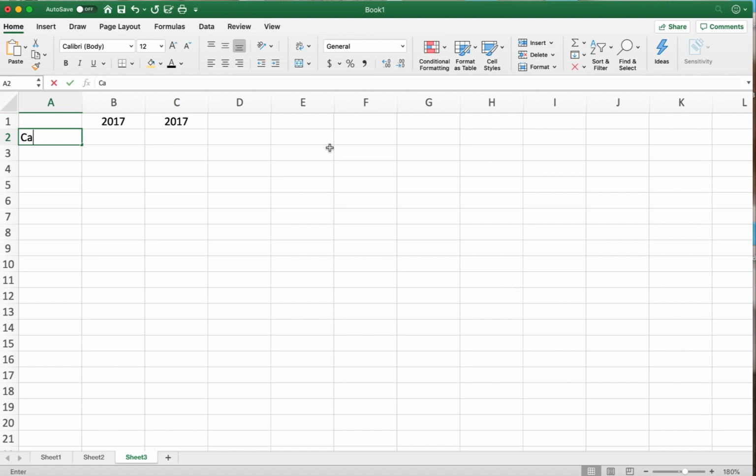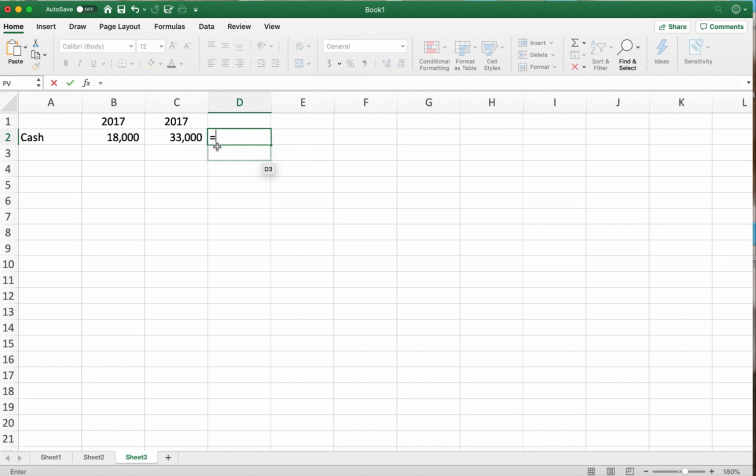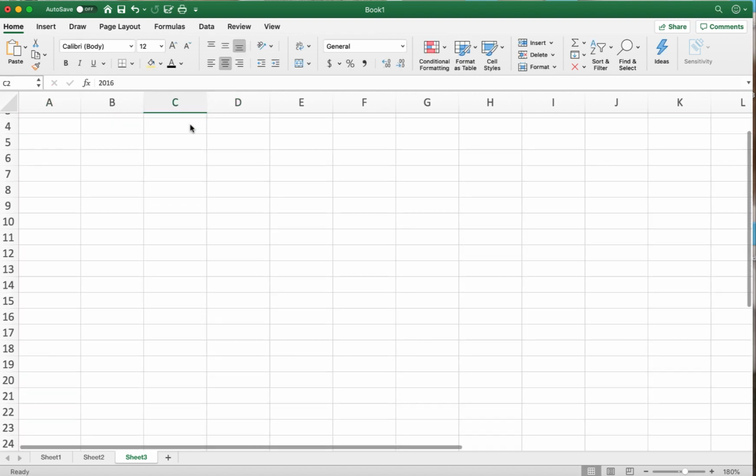So let's just look at cash, right? It was $18,000, and in 2016 it was $33,000. So what happened to our cash? Well, our cash went down. It went down by $15,000.